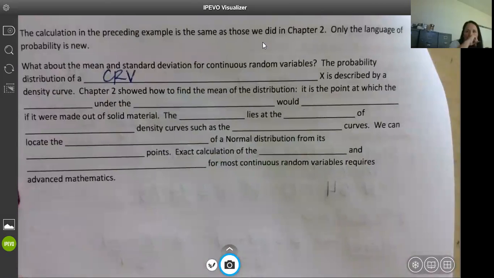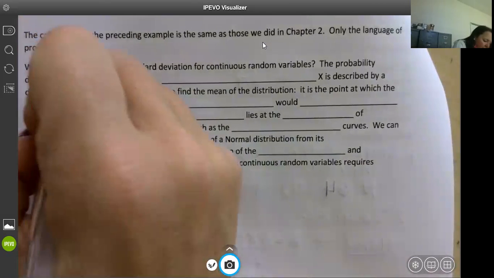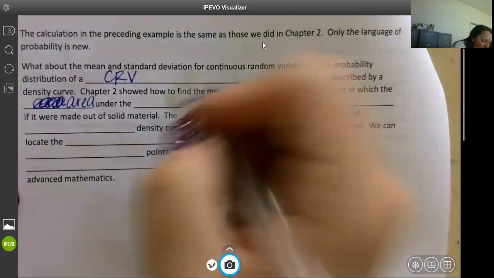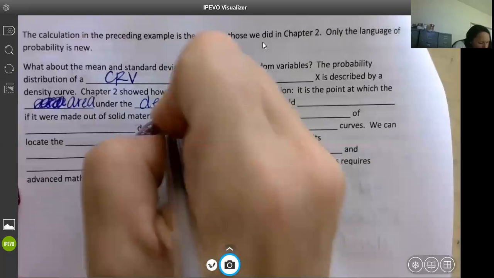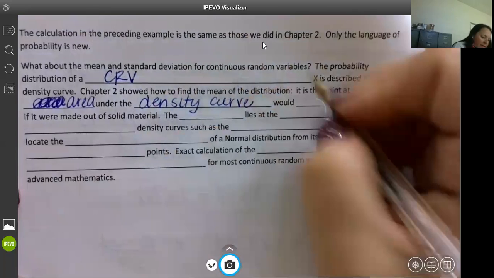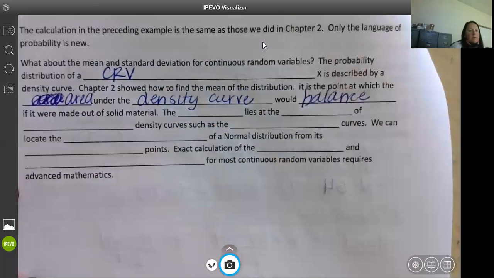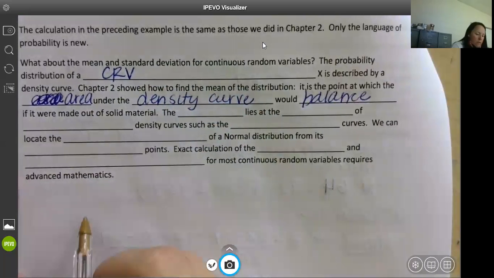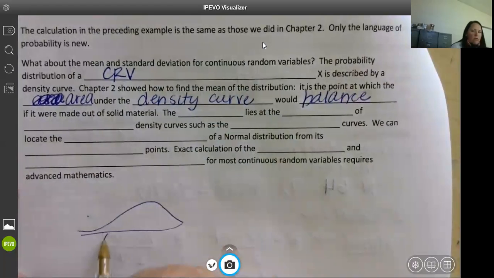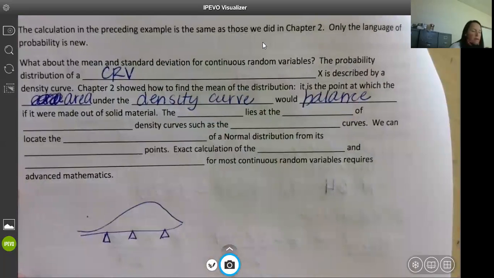Remember, it was the point at which the area under the density curve would balance. I don't know if you guys remember those pictures. They were like you had a right skewed or a left skewed, and they put like a little triangle at the balance points. So that's kind of what it looked like.